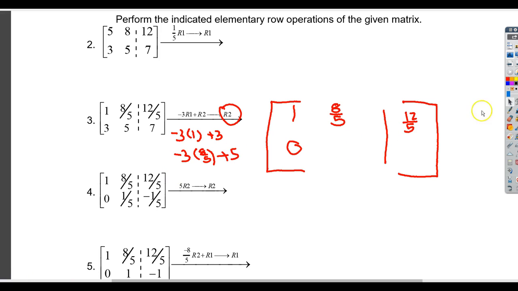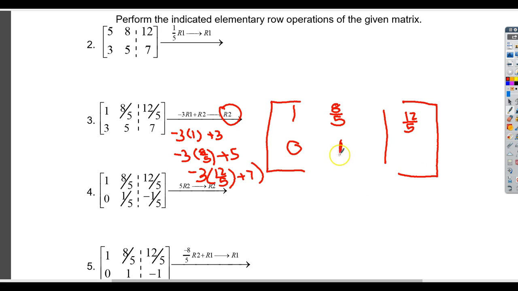Okay, so that was 1. And then -3 times 12/5 plus row 1, which is 7. Hold up, let me do the -3 times 8/5 plus 5.